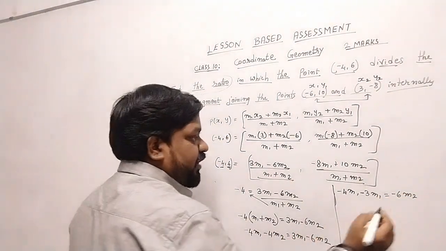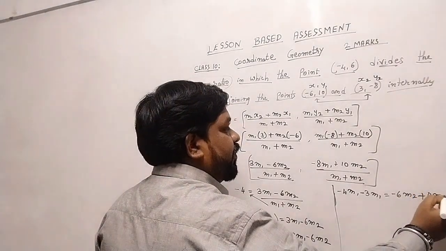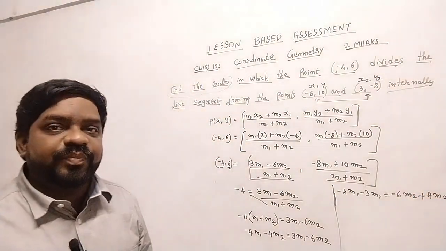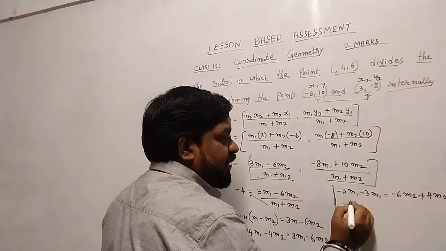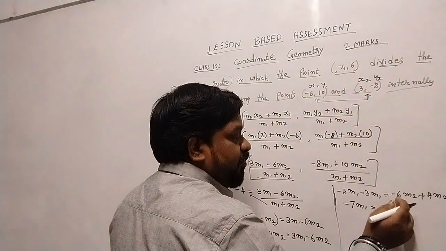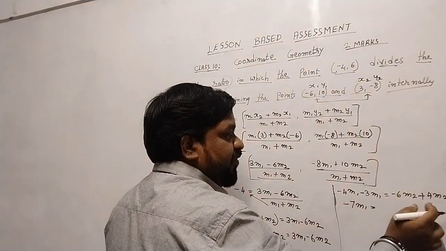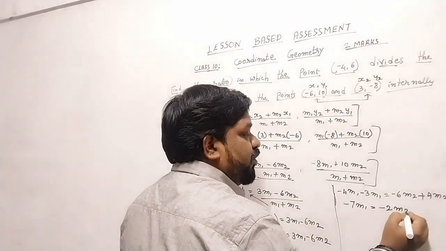Minus 4 m2 if we send, it will become plus 4 m2. Now minus 4 minus 3 is minus 7 m1 equals minus 6 plus 4, two different signs so subtract, minus 2 m2.